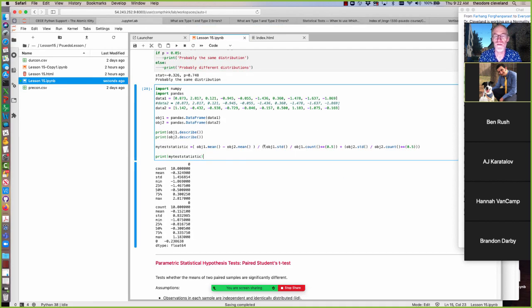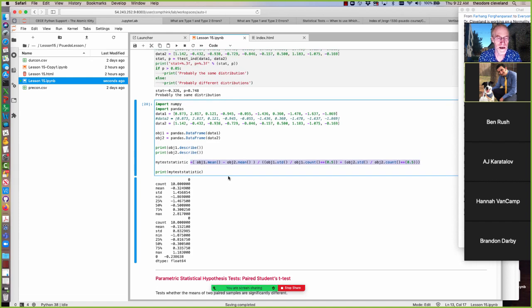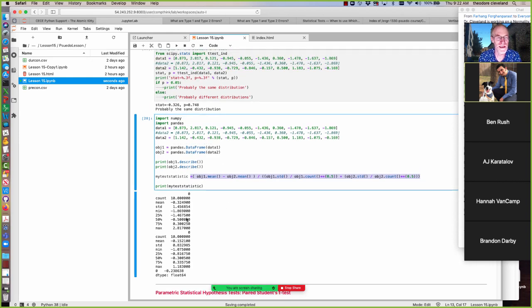So I'm pretty sure I have the script. Object count to the 1/2 power. Group that. We added object 2, object count to the 1/2 power. Well, I have something wrong in my test statistic calculation, but I think you get the idea. So this test statistic is something like that.